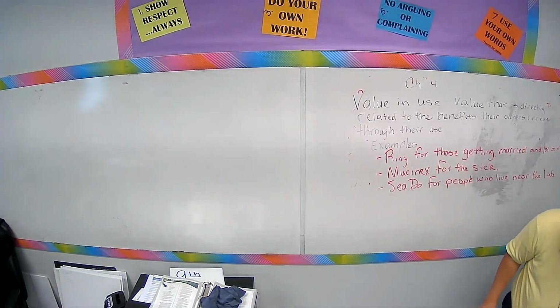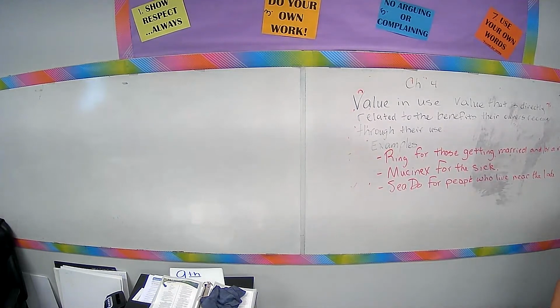Okay, so those are some examples of value in use. So that's a value that is directly related to the benefits their owners receive through their use. And a few examples there. I got that down.